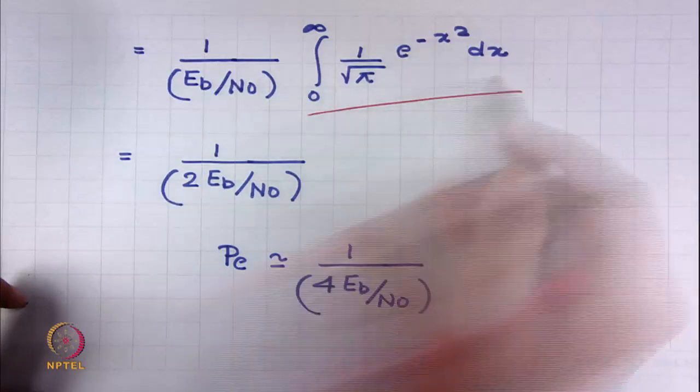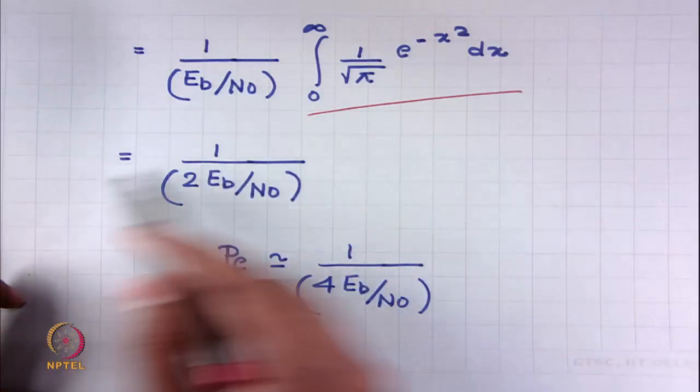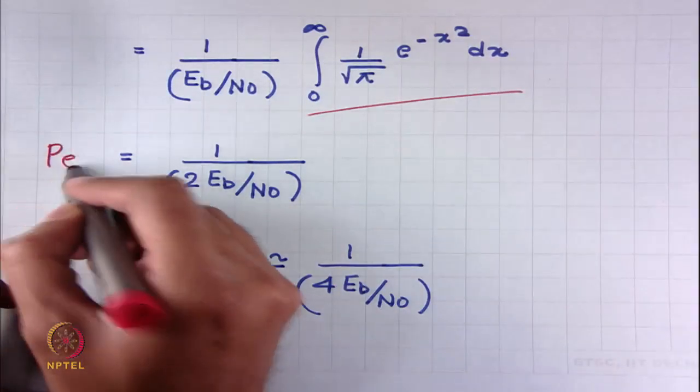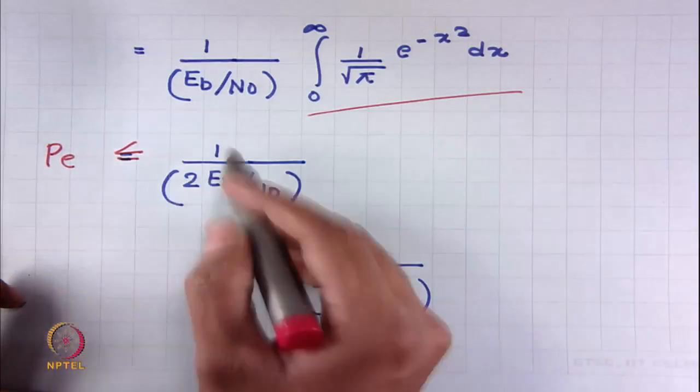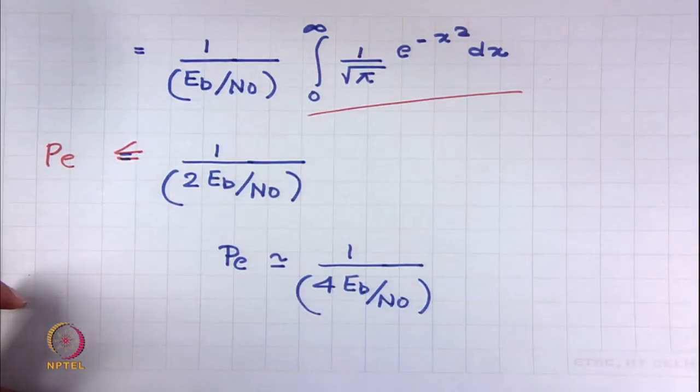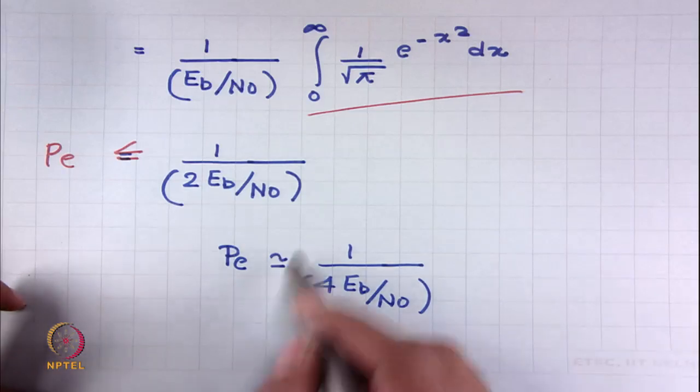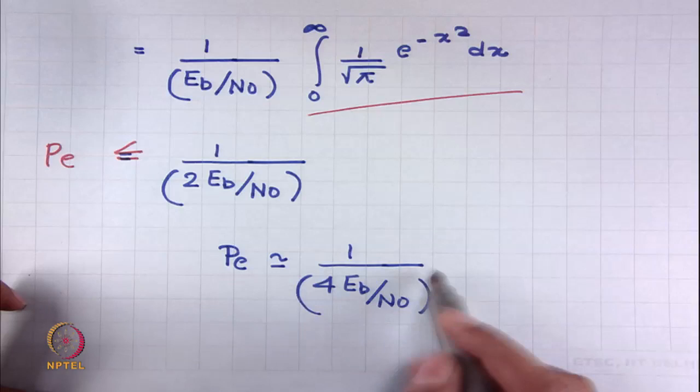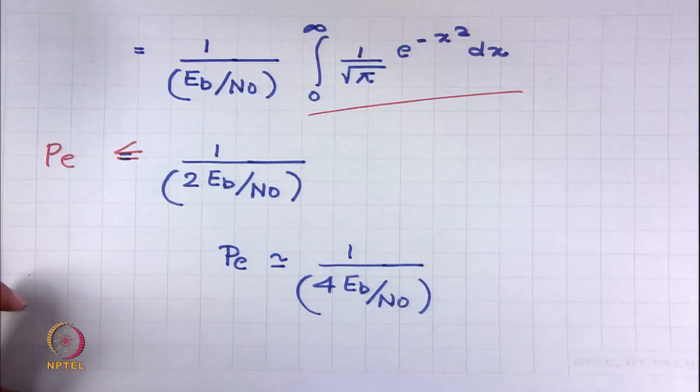So, using this, what you get is probability of error should be less than 1 by 2 Eb by N0. If you do it exactly, what you can see is probability of error will be approximately 1 divided by 4 times Eb by N0.